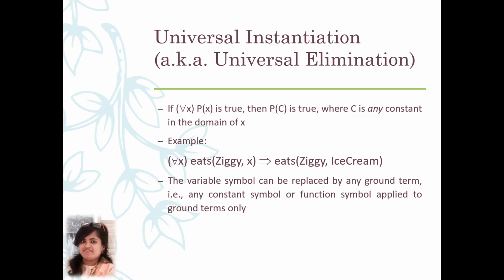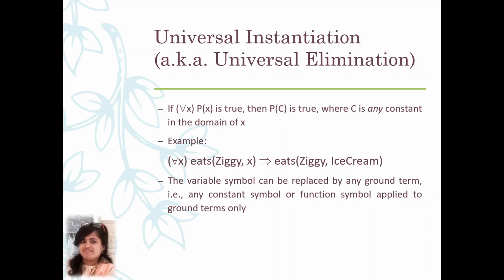Now the universal instantiation, also known as universal elimination. That is, if for all x, p(x) is true, then p(c) is true, where c is any constant in the domain of x. One example can be, for all x, Jiggy eats everything, that is for all x, eats(Jiggy, x).